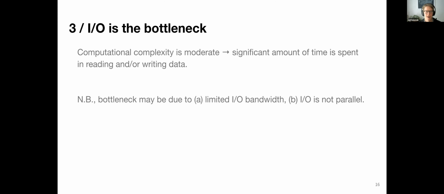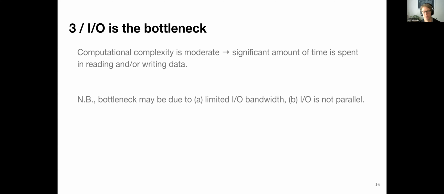So when the complexity of the computation is moderate or trivial, you end up spending a significant amount of time for an individual computation just doing the reading and writing of your data. That bottleneck might be because of limited I/O bandwidth. The file system, for example, could be slow, or the input-output might not be parallel. So the store that the data is in might only allow serial reads or writes.